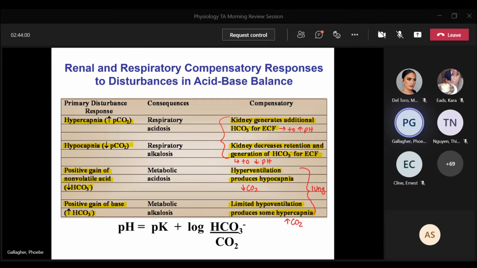And then the opposite is true for if the issue is like metabolic acidosis or alkalosis, you'll see hyperventilation. But if your kidney is functioning normally and the metabolic acidosis or alkalosis is due to you ingesting a base or an acid, then your kidney will also step in and try to fix it as well. But this is kind of more of the fast response.